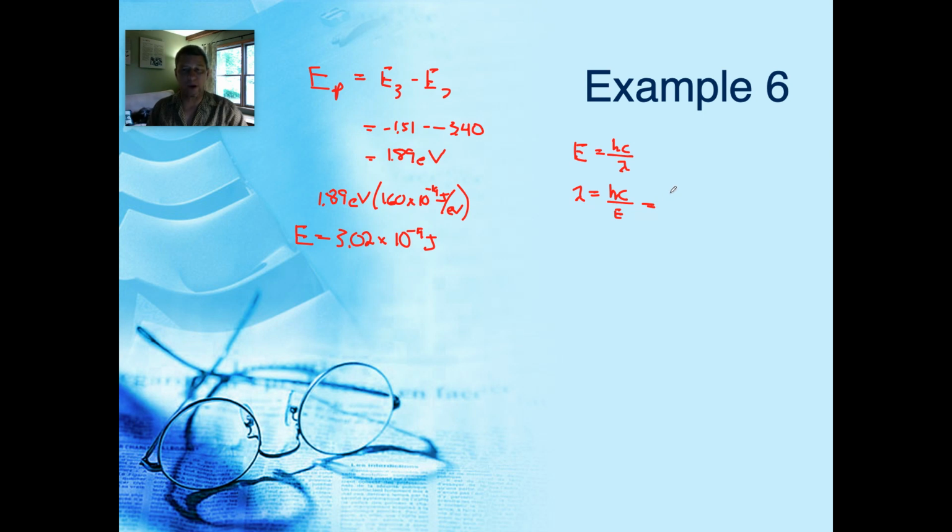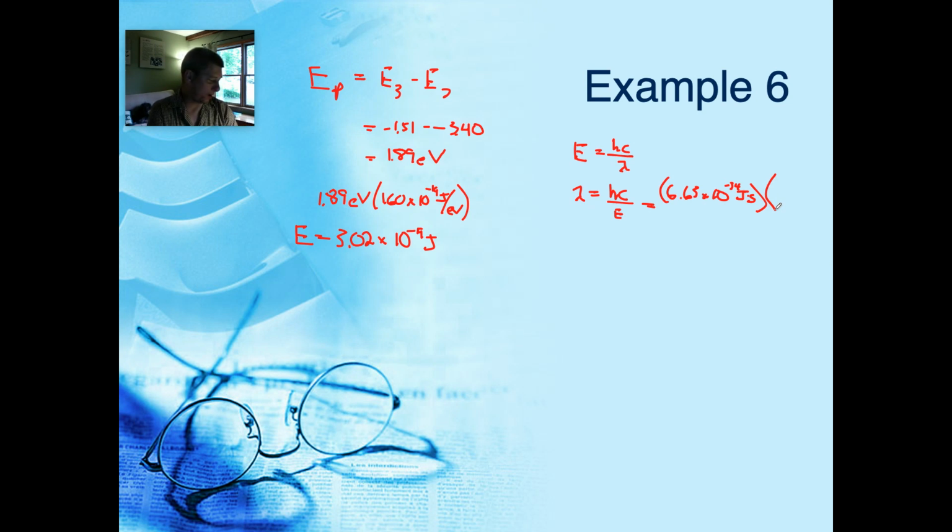Now, Planck's constant, remember, is found on the front page of your reference tables, right here, and that is given as 6.63 times 10 to the negative 34th joule seconds. So 6.63 times 10 to the negative 34th joule seconds times the speed of light in a vacuum.